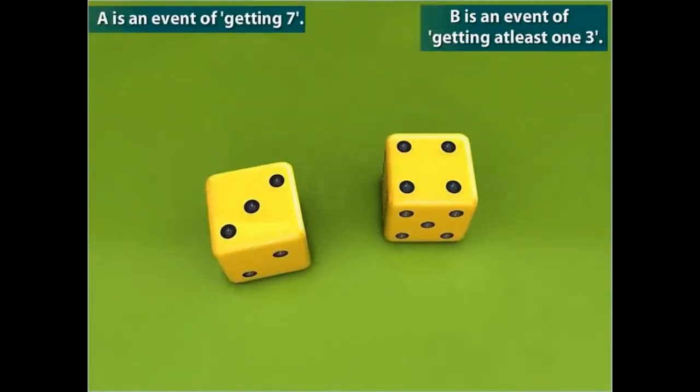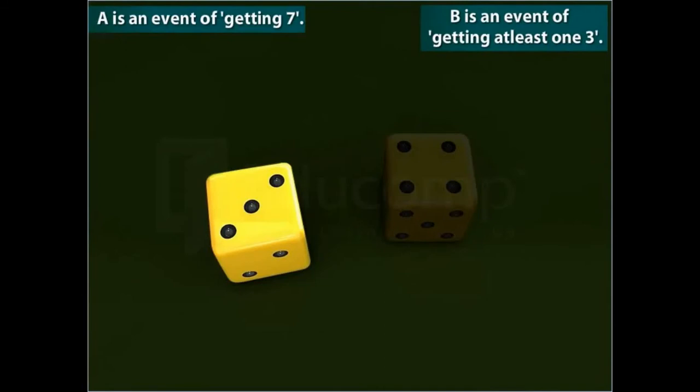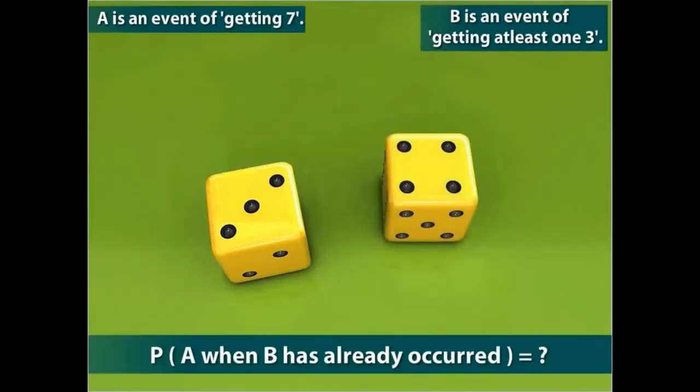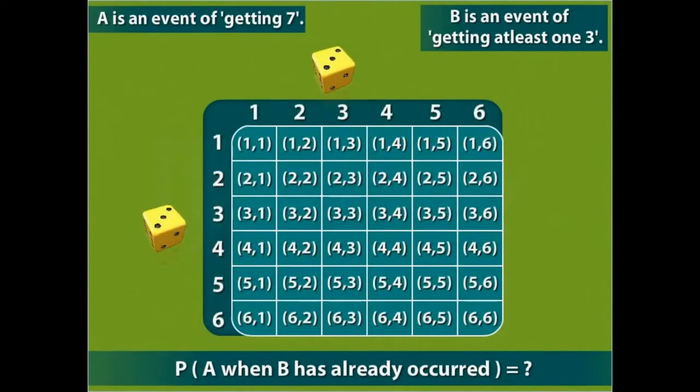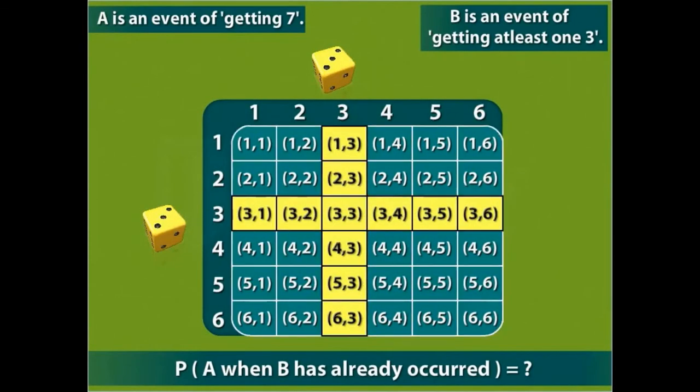What if you are required to find the probability of getting 7 when 3 has already occurred on at least one of the dice, or you can say probability of getting event A under the assumption that B has already taken place? Then, the set of all possible outcomes of the sample space reduces to 11 from 36.